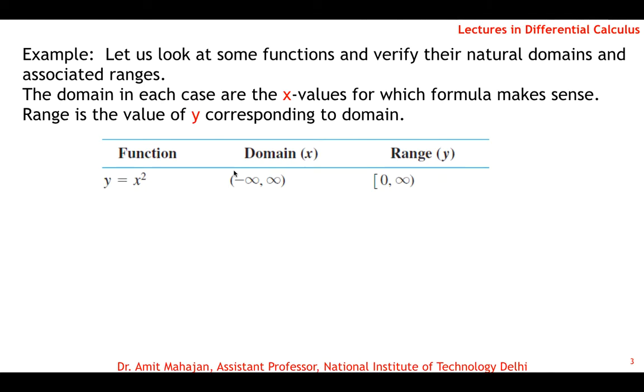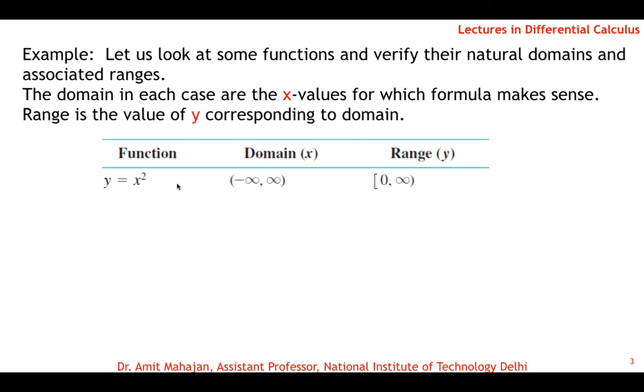Okay, so the domain becomes the complete real line, and for every x value this is squared. Okay, y values: for positive values it is positive, for negative values also it is positive, and at x equal to 0 it will be 0. Okay, so y values will be from 0 to infinity, which becomes the range of the function.